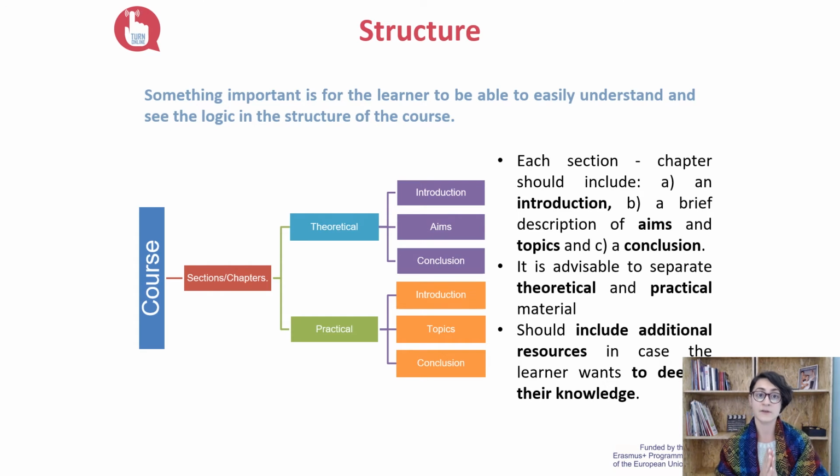This can be either the theoretical part in the beginning and then the practical at the end, or each chapter could be divided into the theory and then some practical homework or whatever this may be in your e-learning course. Of course, don't forget to include additional information, resources, and links, a digital library probably, that would allow your learners to go deeper into the topic.